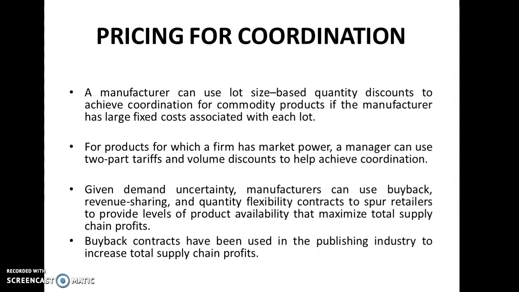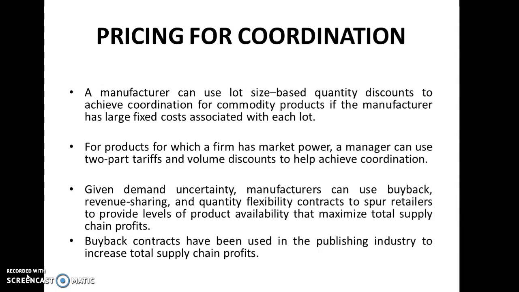A manufacturer can use lot size based quantity discounts to achieve coordination for commodity products. The manufacturer has a large fixed cost associated with each lot. For products for which a firm has market power, a manager can use two-part tariffs and volume discounts to achieve coordination.